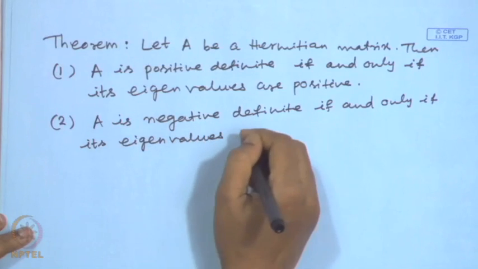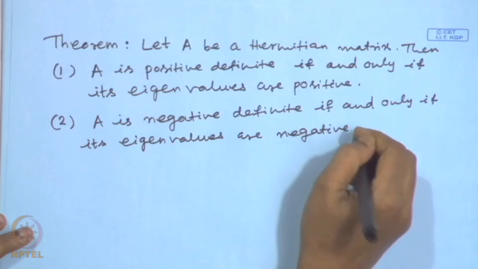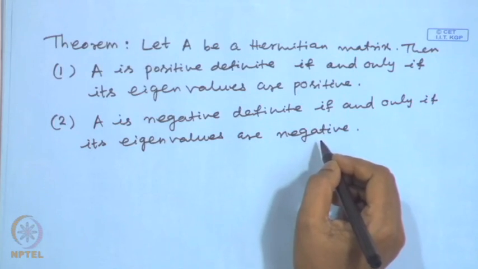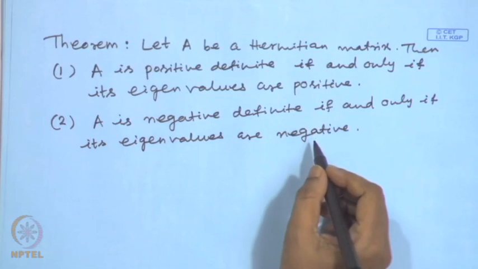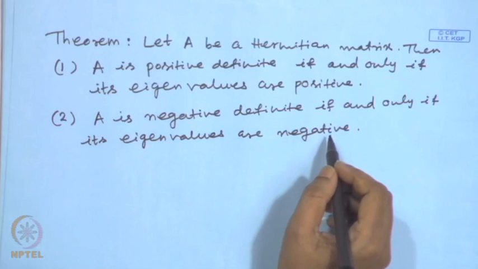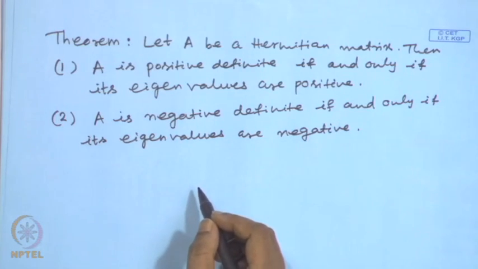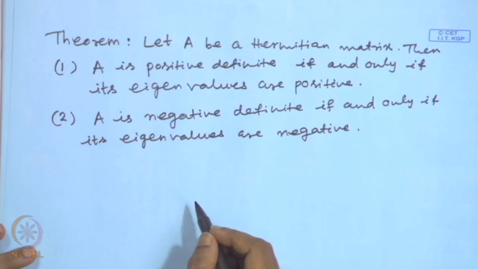So, for negative definite matrices, all its eigenvalues are negative, and the other way around, if for a Hermitian matrix all its eigenvalues are negative, then the matrix will be a negative definite matrix. One can prove these results easily also, and here we skip this proof, and that's all for this lecture, and we stop here.